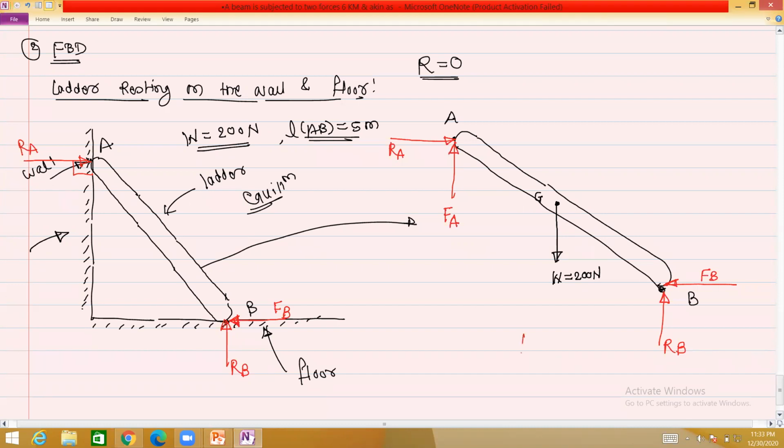So this is the complete free body diagram when the ladder is resting on the wall and the floor. I hope this point is clear. What is the meaning of free body diagram? We will study this in detail when we solve the problems on equilibrium.